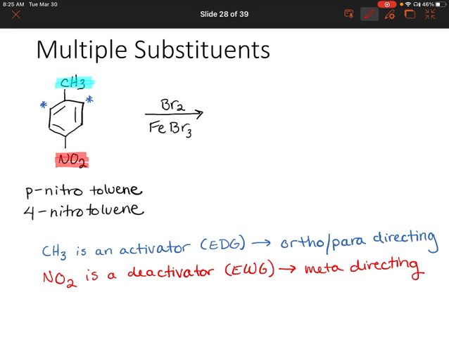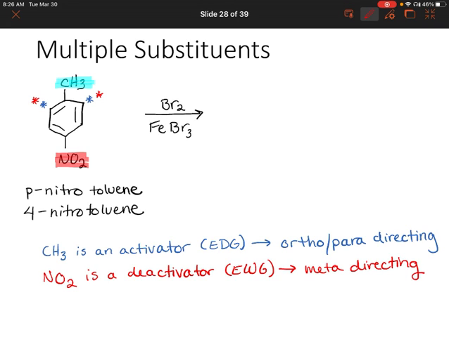All right. So if we look at the nitro group, where are the meta positions relative to the nitro group? They're going to be two carbons away, and it looks like those are the exact same positions as our ortho-para positions relative to the methyl group.